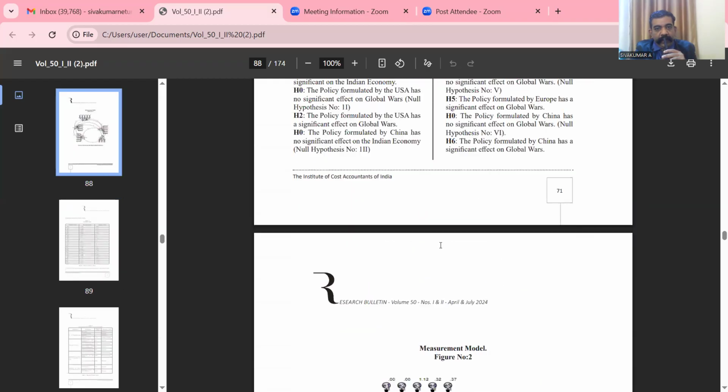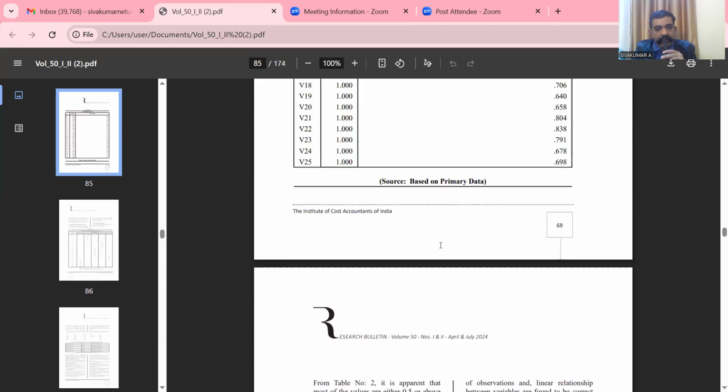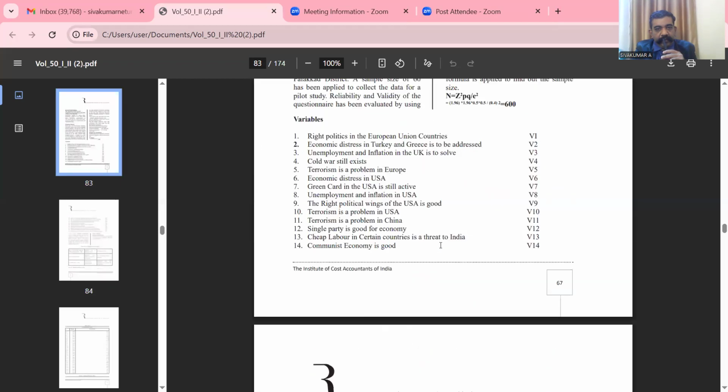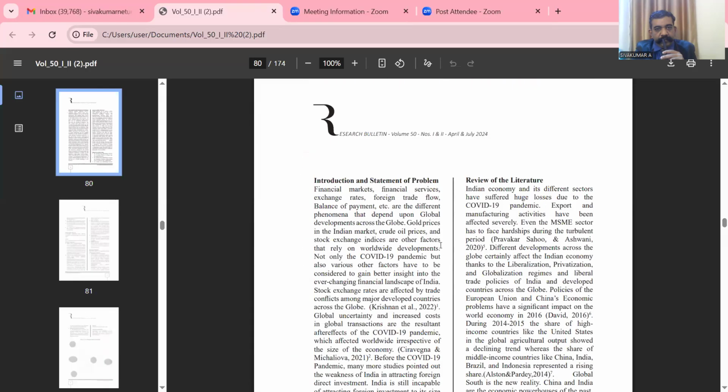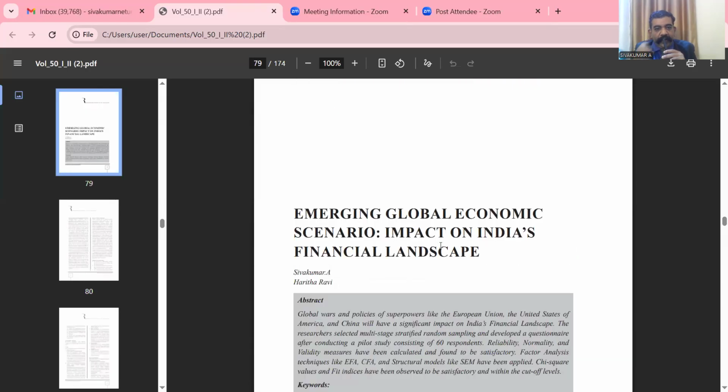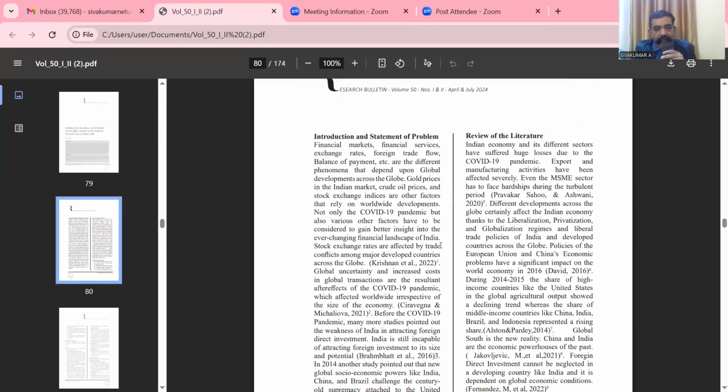The article title: Emerging Global Economic Scenario, Impact on India's Financial Landscape. It is a published article.